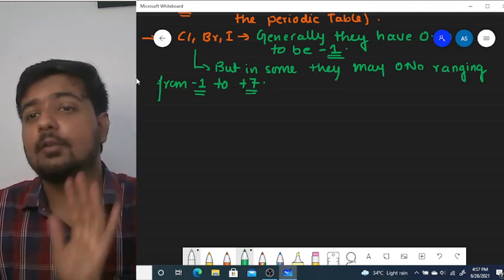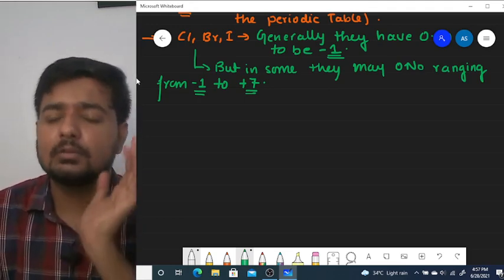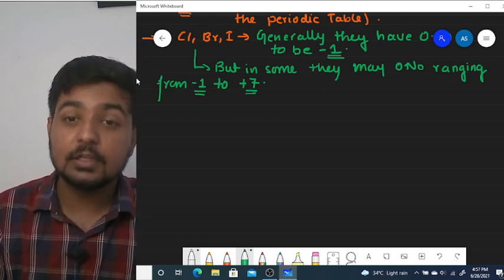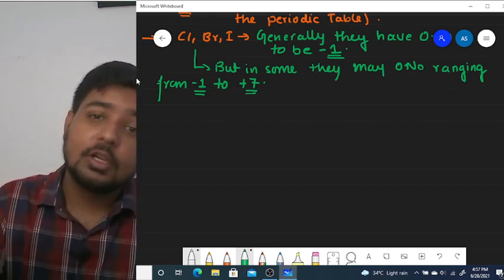Whereas fluorine will always have an oxidation number of -1. Is it clear? But chlorine, bromine and iodine.